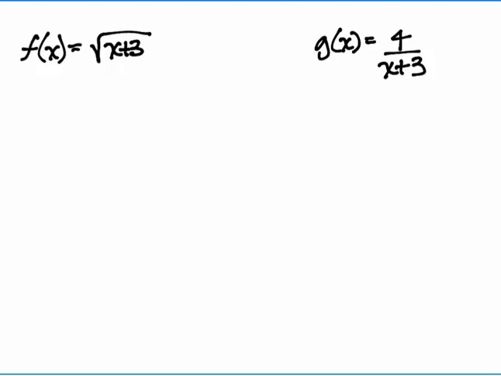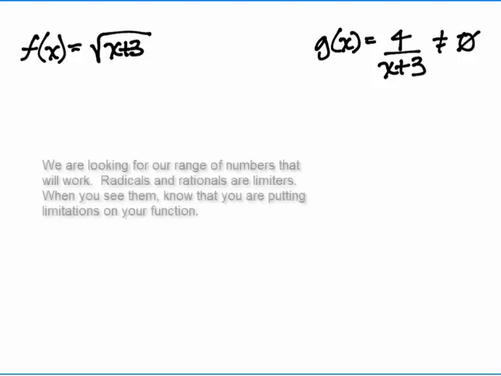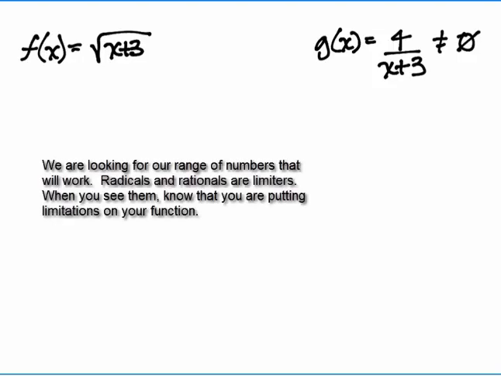What can you not have in the denominator? A 0. So you cannot have a 0. It's not equal. So whatever this x happens to be, it cannot be a certain thing that's going to give me a 0. What is your limitation for the square roots when it's an even root? You cannot have a negative number. It won't work.